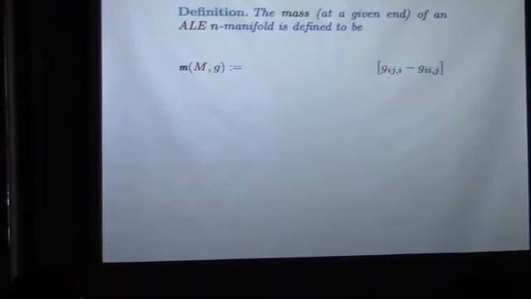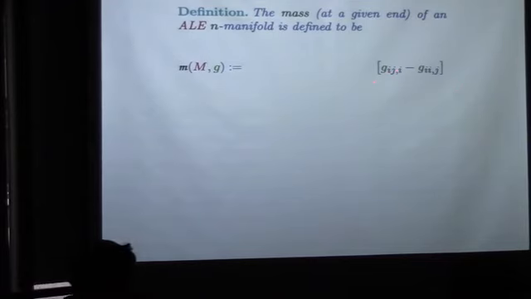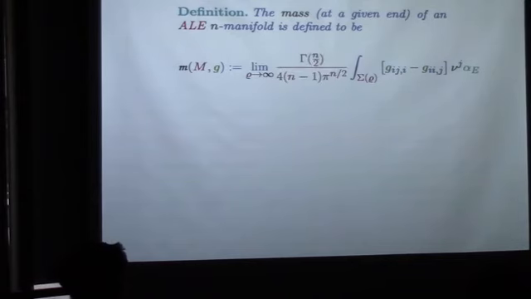Take the given coordinates and look at the following expression in the metric. You take the divergence of the metric written in components minus the gradient of its trace written in components. You then take the radial component of that vector, integrate it over a large sphere, and take the limit of that expression as you go to infinity, and then, if you like, you can normalize it by some standard constant depending upon the dimension.